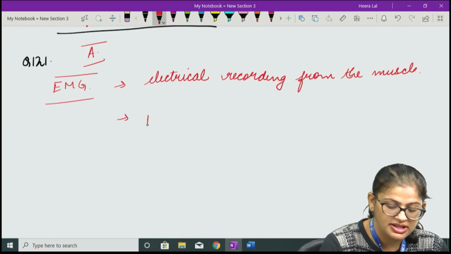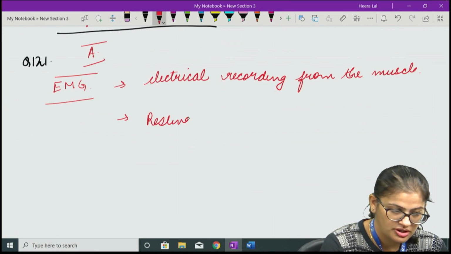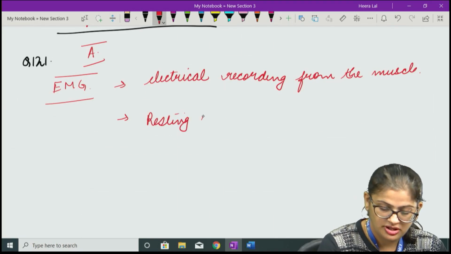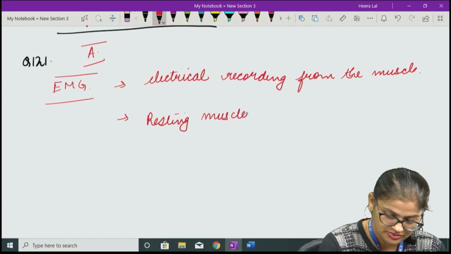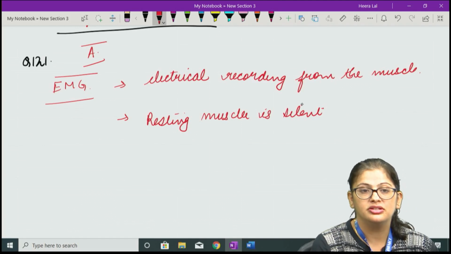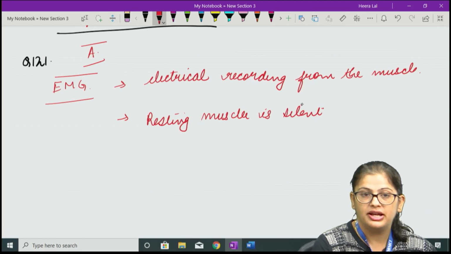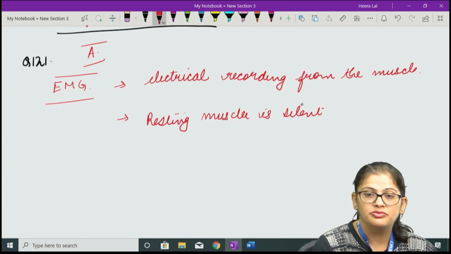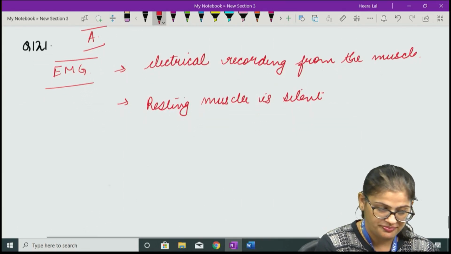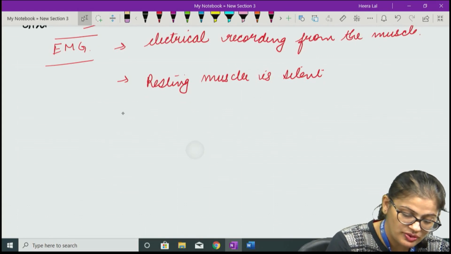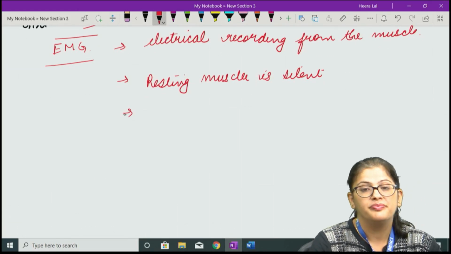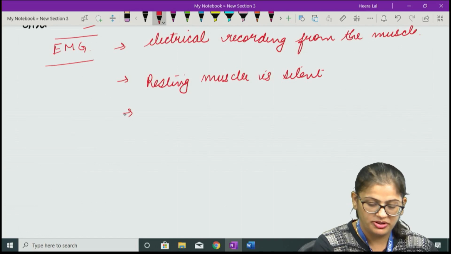Normally the resting muscle is silent. So, when you insert the needle to record the electromyogram, then because of the insertion or due to the pain, certain potentials would be recorded. And when the muscle contracts, the action potential will also be recorded.